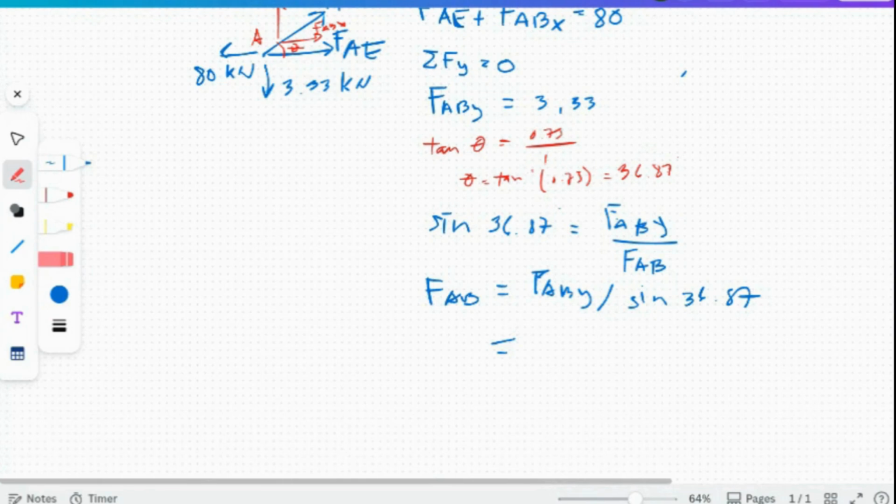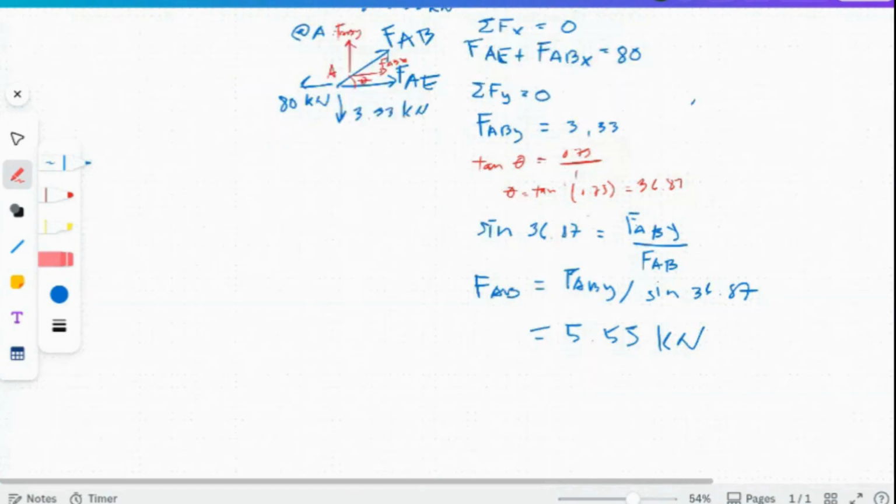So we will get 5.15. I'm sorry, what's going on? I feel like my tablet's lagging. 5.55. Ah, there we go. 5.55 kilonewtons. So that is our FAB.